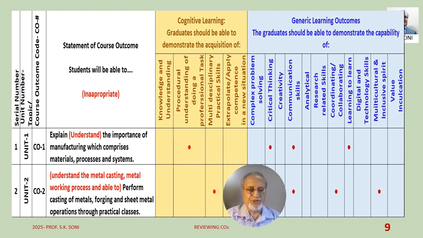Similarly, with CO2, the disciplinary PO is multidisciplinary practical skills, and along with that we have chosen communication skills and coordinating, collaborating, and you can also choose a third one. Once you choose these generic skills, you have to give some tips for designing the supporting assignments in which these generic skills will be dominating.